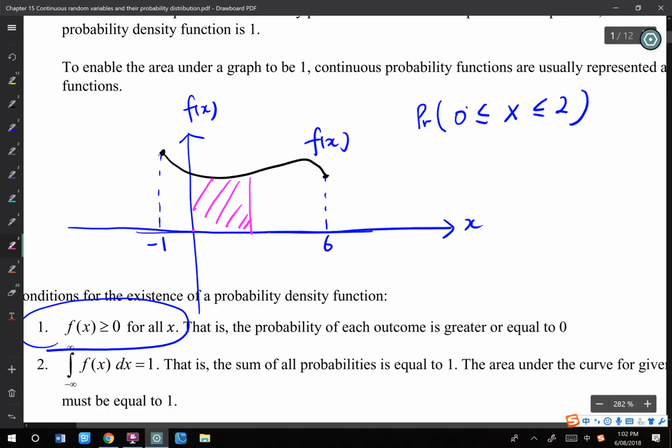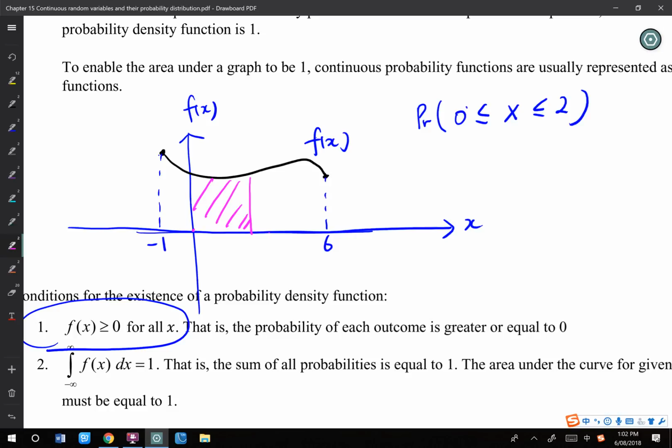This area will give me the probability. If I can anti-differentiate the curve from 0 to 2, I will have the probability. So the area under the density function represents the probability. We don't substitute values into the function; we take the area under the curve, and that represents the probability. So the probability from 0 to 2 is the pink area, whatever the area is.